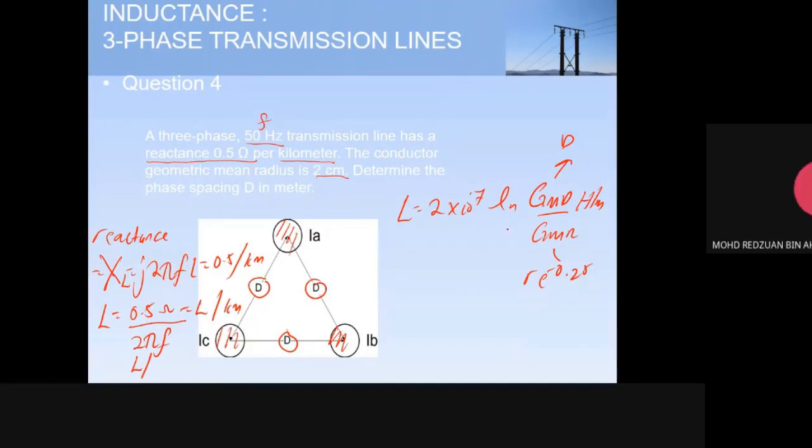So how to solve this one? You get this 0.5 ohms per kilometer equal to jXL, equal to j2 pi FL. So L per kilometer is 1.5915 millihenry per kilometer.